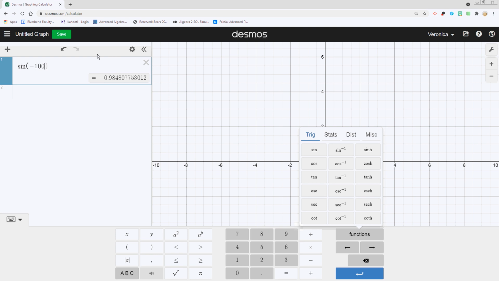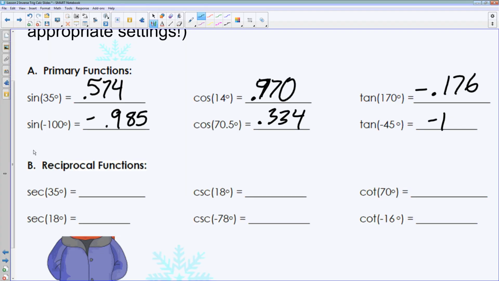Okay. So let's look at our notes one more time here. So these are our reciprocal functions, right? Secant, cosecant, cotangent. We should know that secant is the reciprocal of cosine, right? So that means that secant of 35 is the same as 1 divided by cosine of 35.